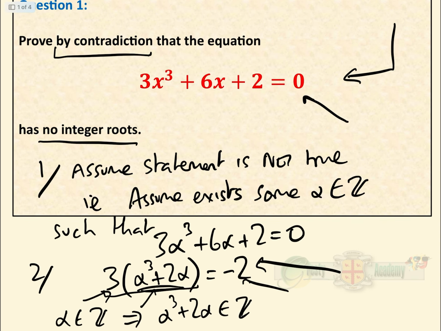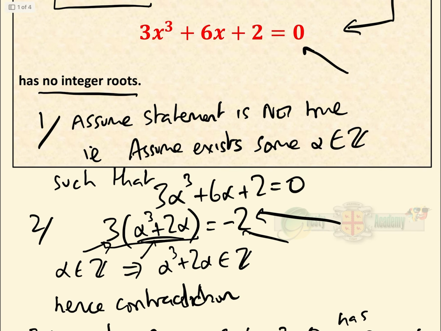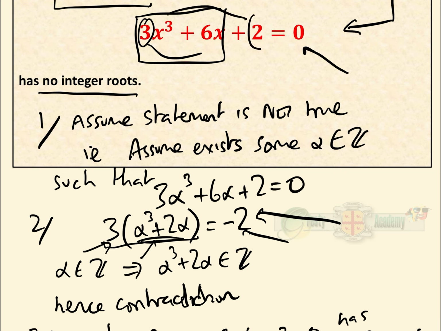And by the way, as long as you can take a factor out of this bit here, and that factor is co-prime to this number here, then this trick will always work. So, for example, this could be 5 add 10, and we could have taken the factor of 5 out, and again we'd have 5 times some integer equals minus 2 or minus 3 or minus 4 or whatever. This method always works for that.